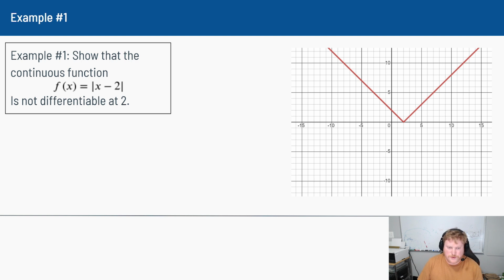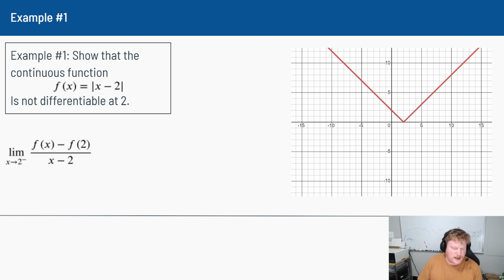So what we want to do is examine what the derivative is doing on the left and on the right. We're going to apply the limit as x approaches 2 from the left and x approaches 2 from the right. As x approaches 2 from the left, the derivative is the limit of f of x minus f of 2 over x minus 2.